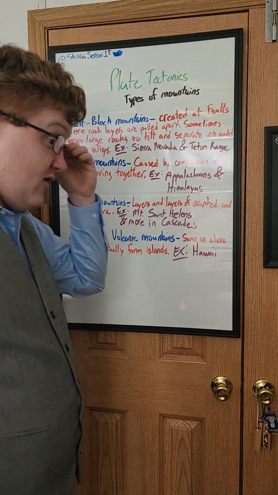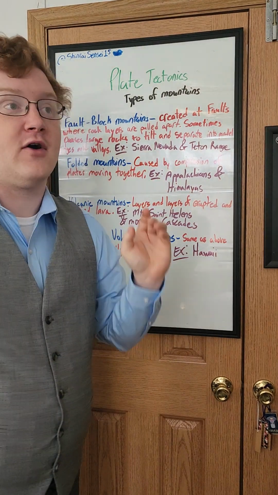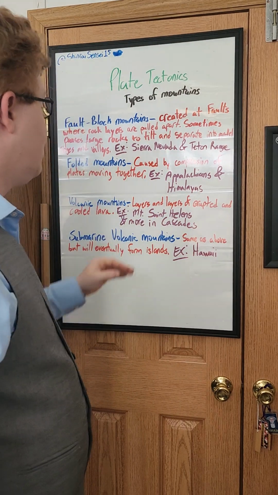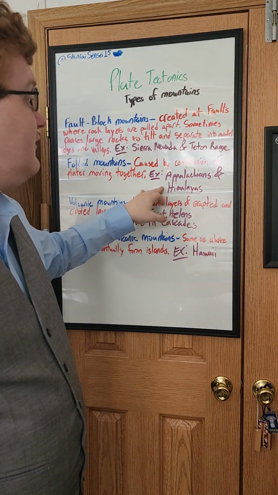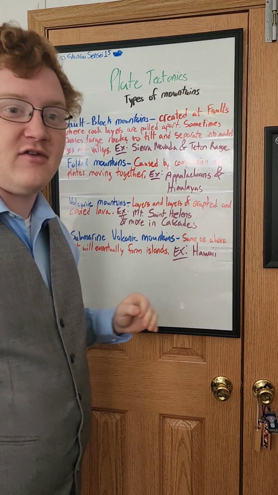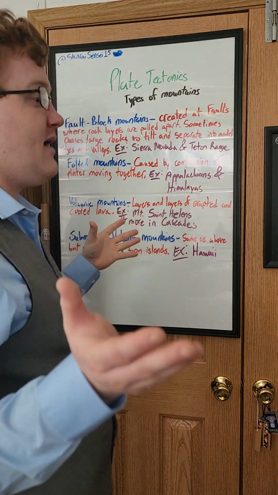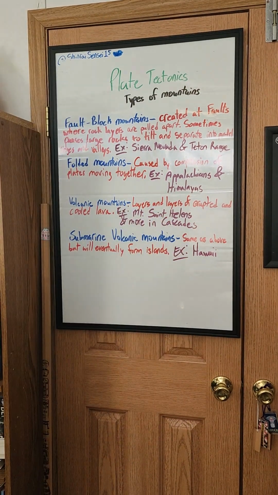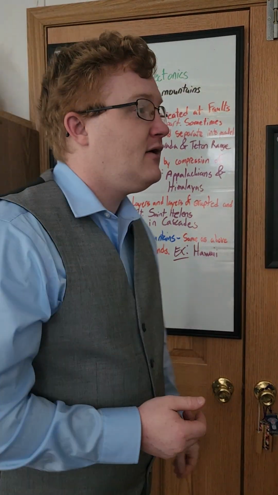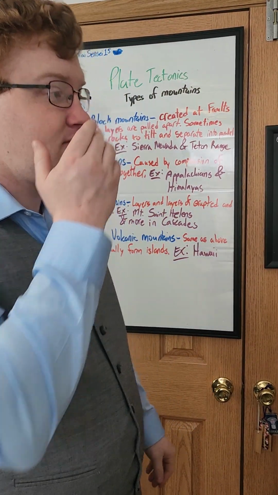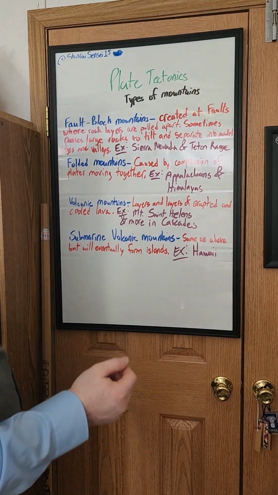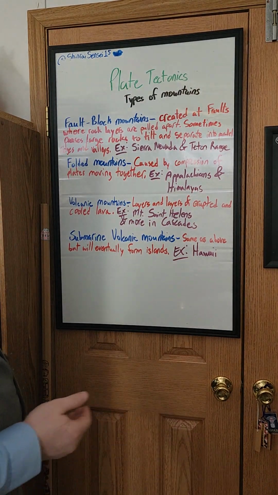The Appalachians are far, far, far older than the Himalayas, but they are still a very good example of this, because this was way back, even before the dinosaurs took over the planet.